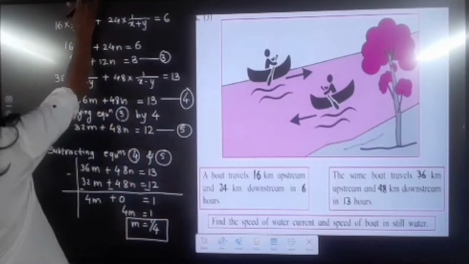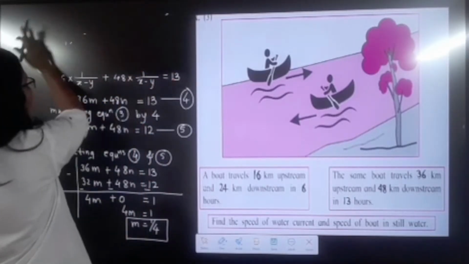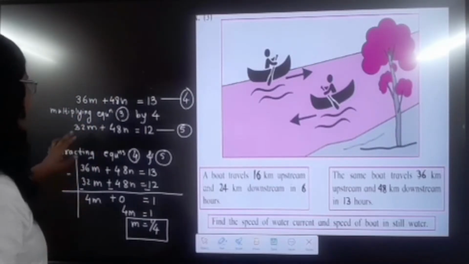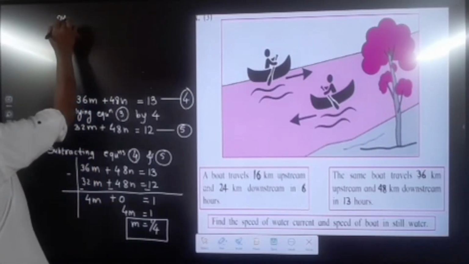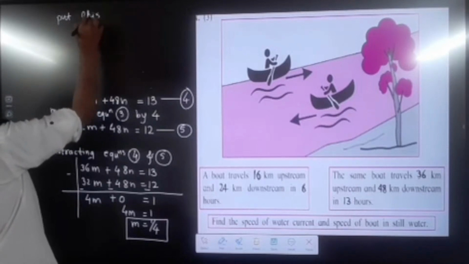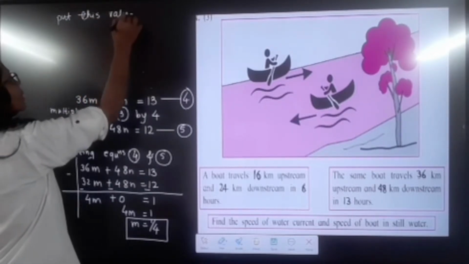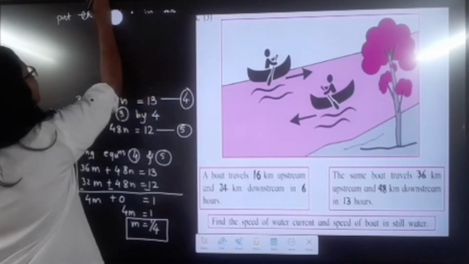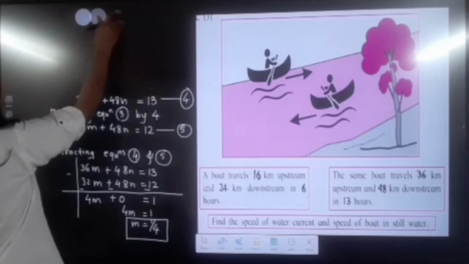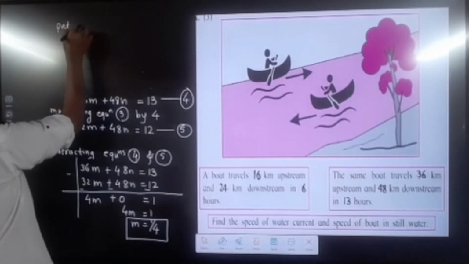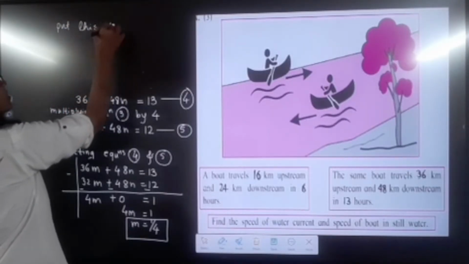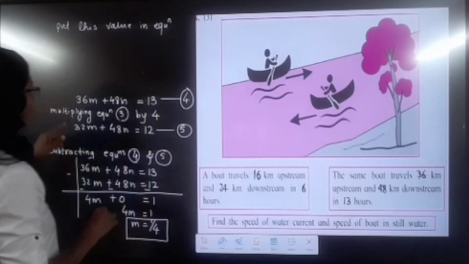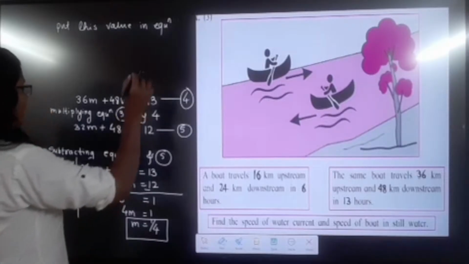So now here students, the next step is that put this value in the equation, substitute in equation 4.